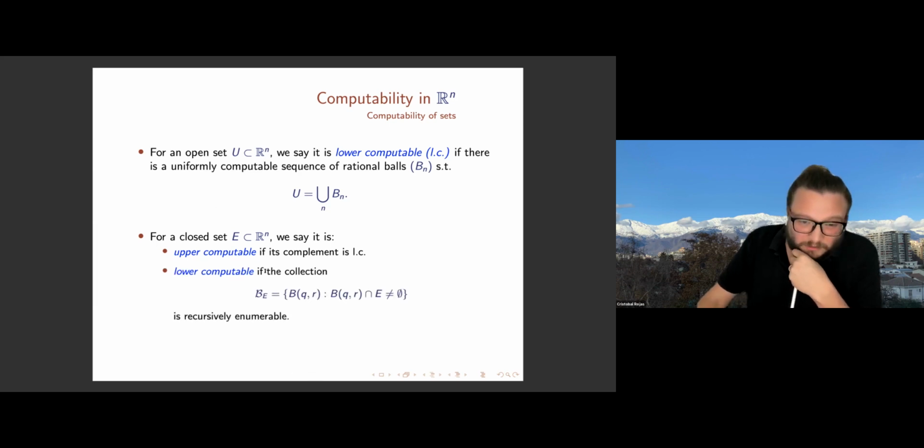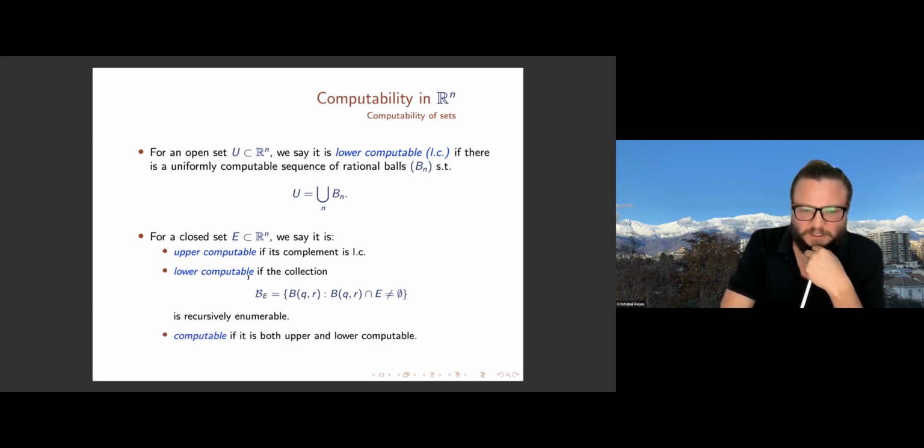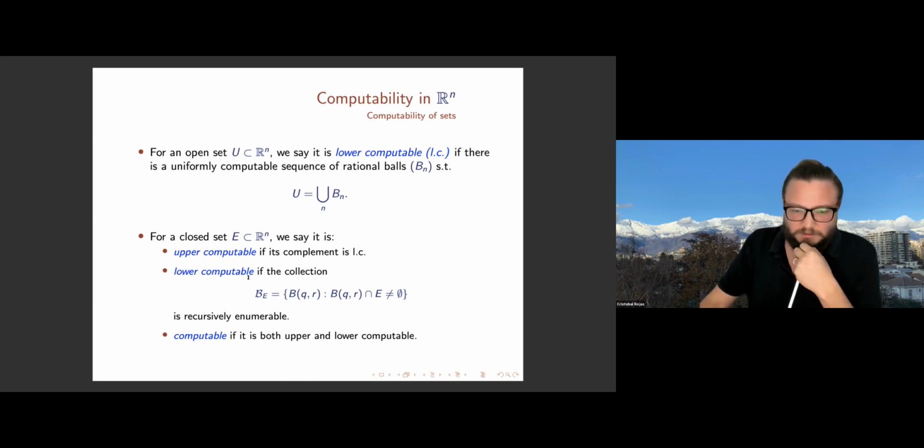We call them lower computable when we can enumerate all the rational balls that intersect the set, which is equivalent to being able to enumerate a dense set of computable points inside. And computable if both things are satisfied.